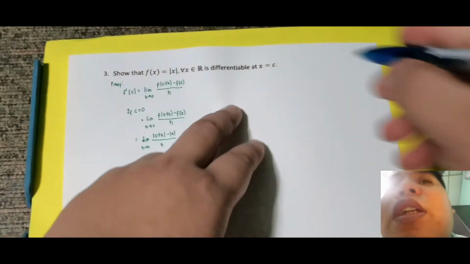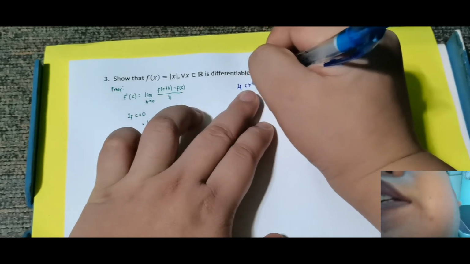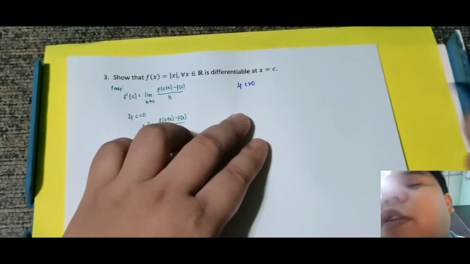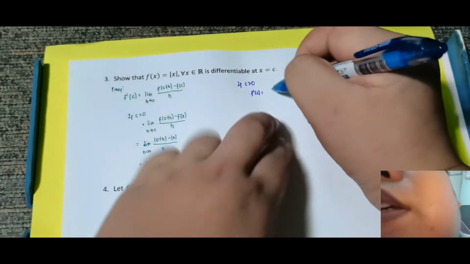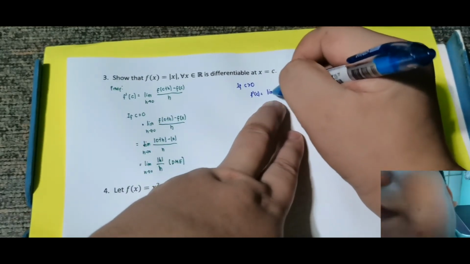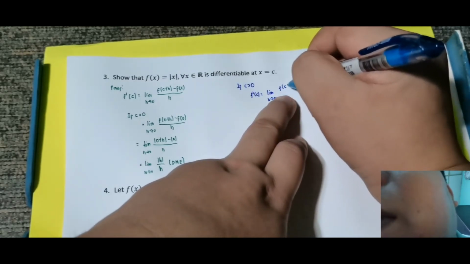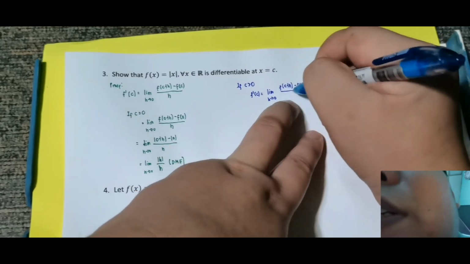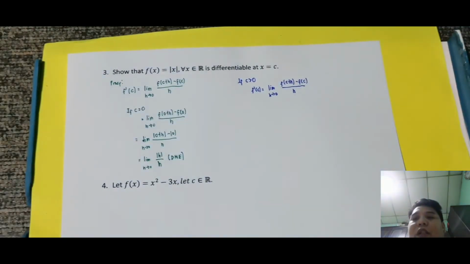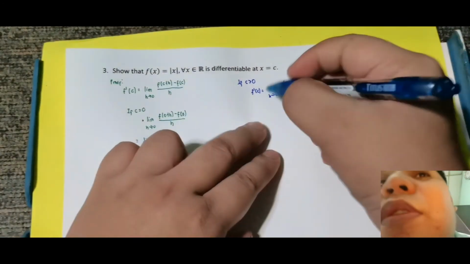So ngayon, if c is greater than 0, so ano mangyayari doon? So we have f prime of c is equal to limit as h approaches 0 ng f of c plus h minus f of c all over h. So ngayon, kung c is greater than 0, ano yung ibig sabihin nun? Yung absolute value, ito ang mangyari, no?